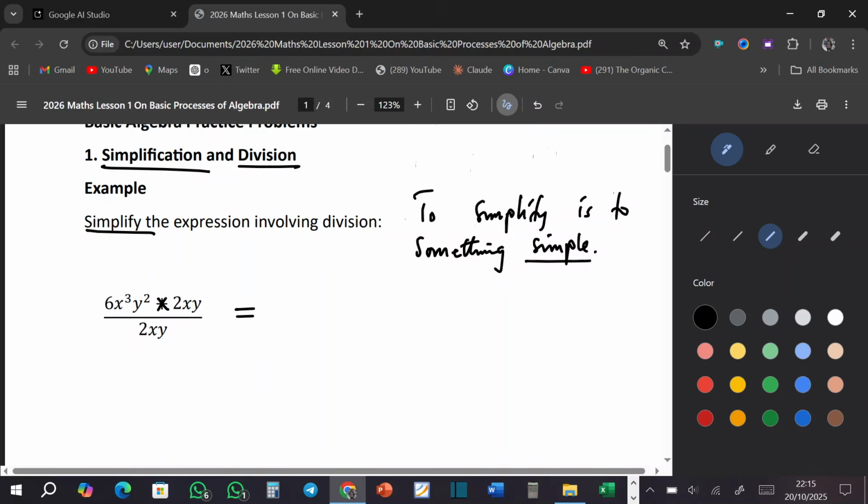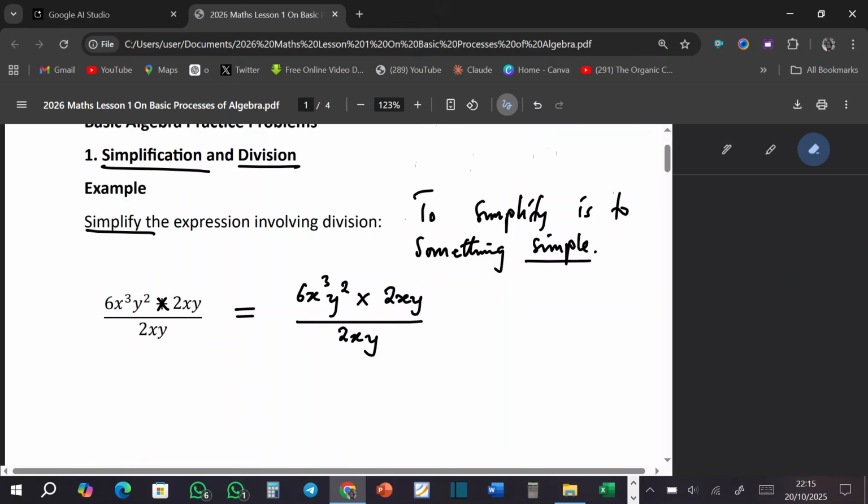So let me rewrite it. It is 6x to the power 3, y to the power 2, times 2x y, over everything over 2x y.